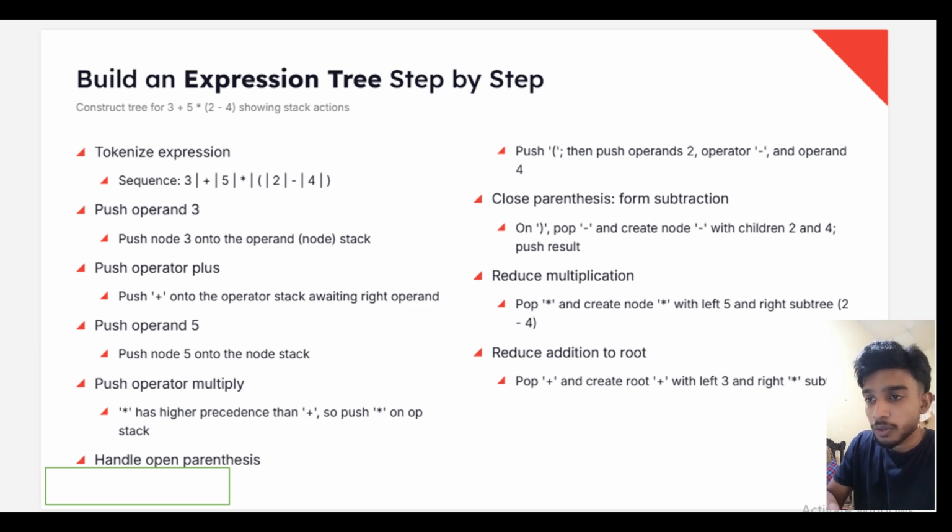We tokenize the input. When we see an operand, we create a node and push it onto the operand stack. When we see an operator, we check the operator stack. We pop any operators with higher or equal precedence, build little trees with them, and push those trees back onto the operand stack.